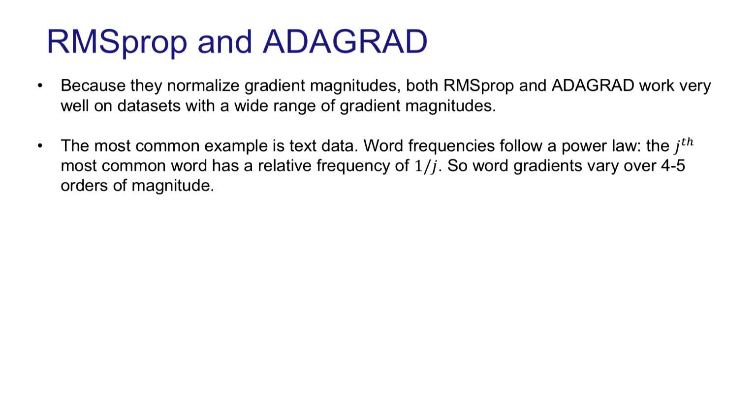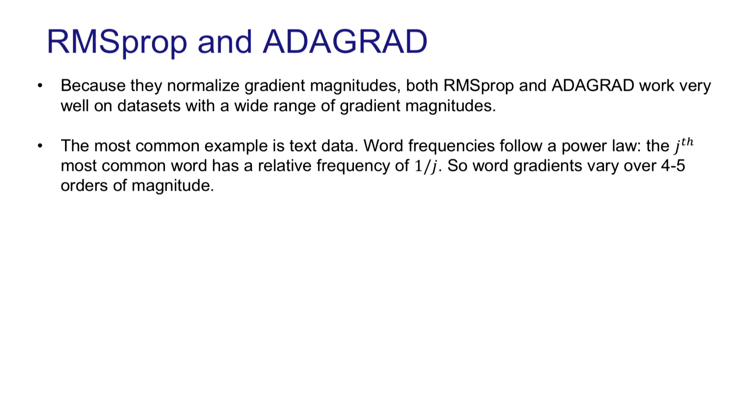Text data commonly uses parameters that are indexed by the word. And words in English and most other languages satisfy a power law distribution for frequency. So the frequency of the jth most common word in English is about 1 over j.